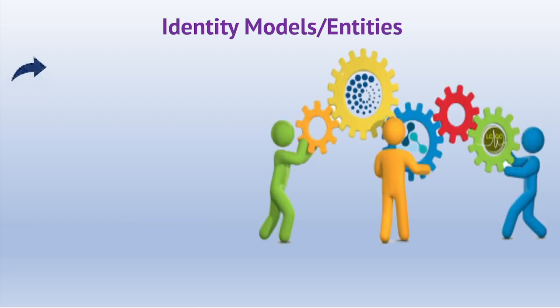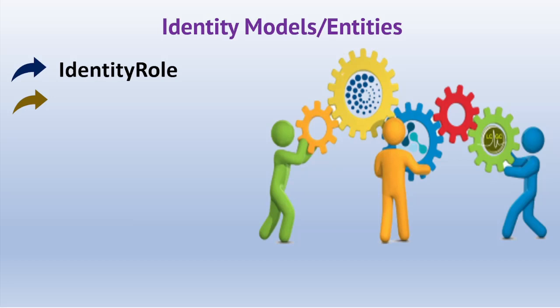We need to see some of these identity models or entities. Just to indicate some of these models, one is the identity role. You also have the identity role claim. The identity role in ASP.NET Core gives us a table called ASP.NET roles.